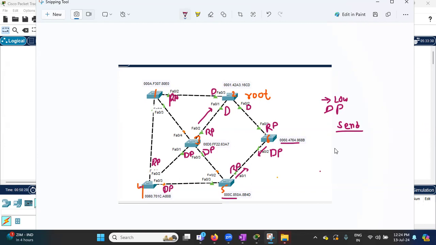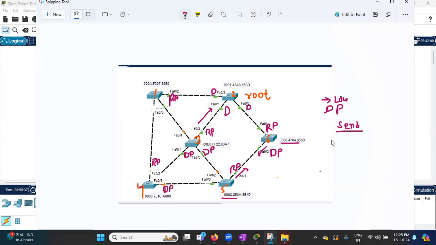Why would this be incorrect? First tell me why it's a DP port, then you have to answer yourself again. Because it is receiving the superior BPDU, then it will be sending.